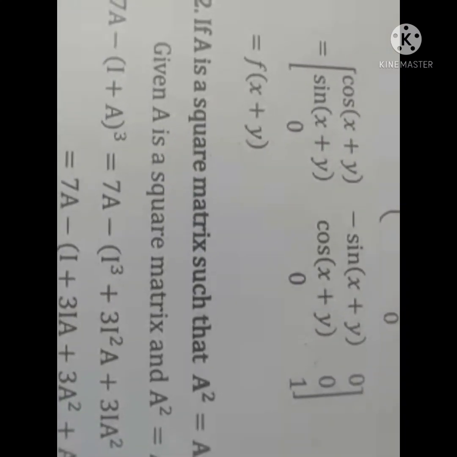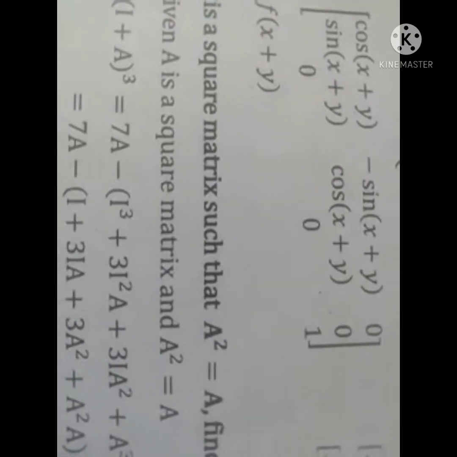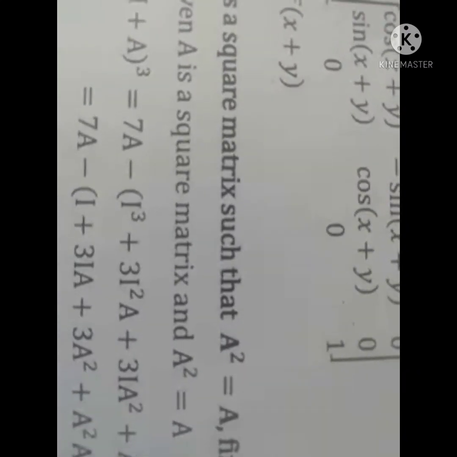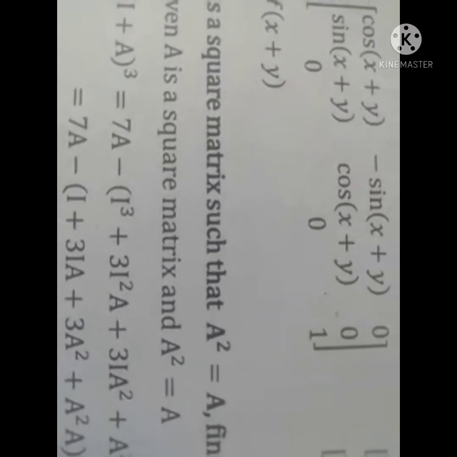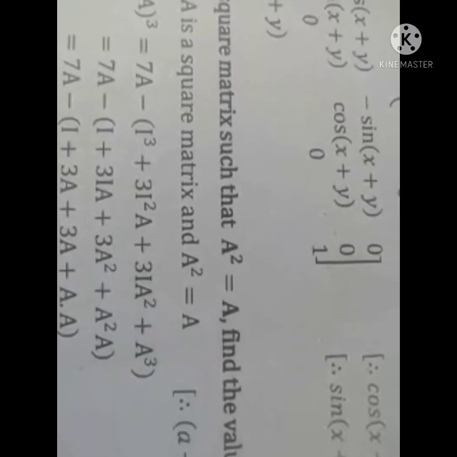In this case we can take I plus A, where I is a unit matrix. If you multiply any matrix by the unit matrix, we get the same matrix. For example, A into I, the answer is A. Also I square is I. So we get this form.